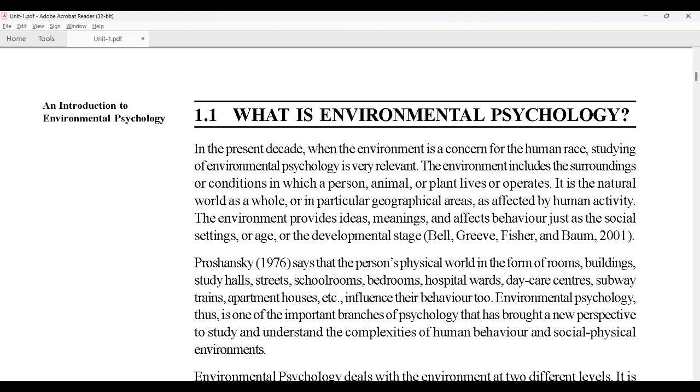Environmental psychology, thus, is one of the important branches of psychology that has brought a new perspective to study and understand the complexities of human behavior and social physical environments.